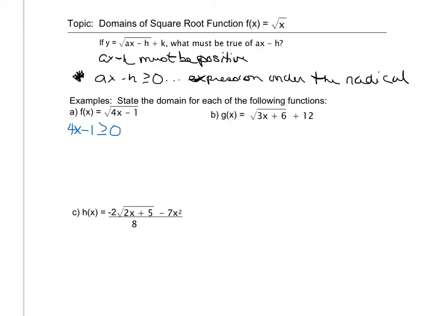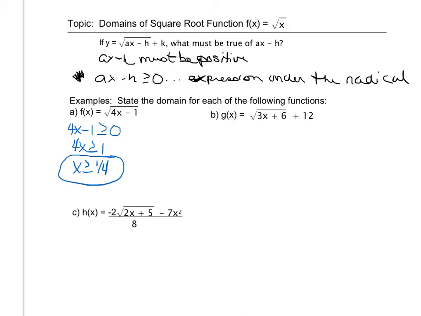This is easy for me to solve. I'm going to go ahead and add 1 and divide by 4. So in order to get an answer of real numbers, I have to have all my x values be greater than or equal to 1/4. If they are not, this expression right here will be negative, giving me imaginary numbers.